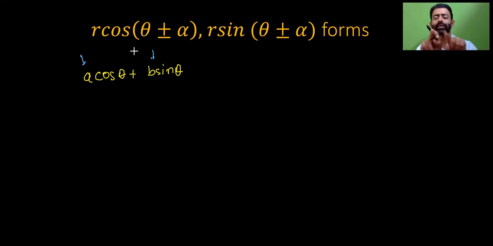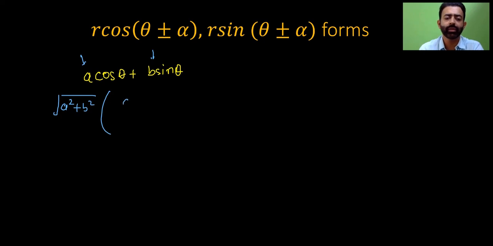What is the method? You first multiply and divide by the square root of a square plus b square. So you multiply this expression by the square root of a square plus b square and divide by the square root of a square plus b square.